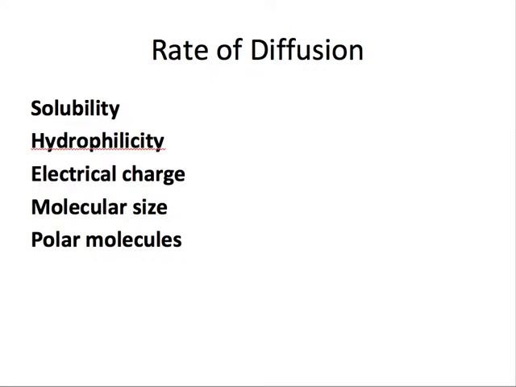Here is the list of certain factors which affect the rate of the diffusion, that is, how much diffusion takes place in a unit time. If we talk about solubility, keep in mind that the rate of diffusion increases for the lipid soluble substances.